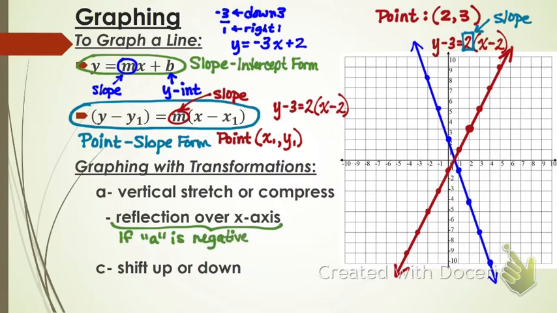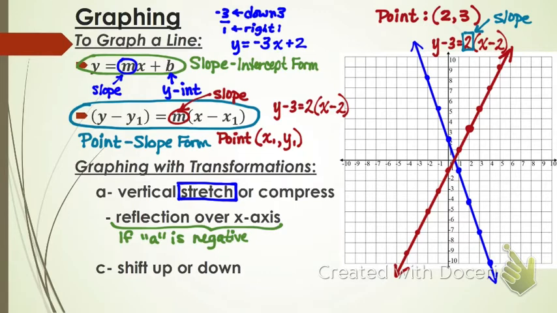How would I know if it's a stretch? Think about when you multiply things. If you multiply by something less than 1, will it make it bigger or smaller? If you multiply by something smaller than 1, it'll make it smaller. If you multiply by something bigger than 1, it'll make it bigger. Same thing here with a stretch and a compression.